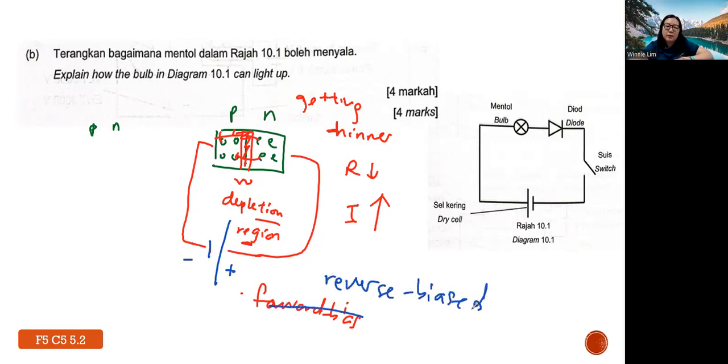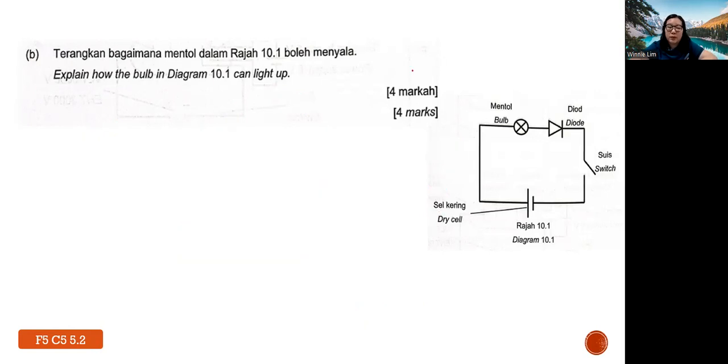The electrons will be dragged this way, because your positive terminal is now on the right-hand side, but the holes go the other way around. Then this region gets wider. When it becomes wider, the resistance becomes high. Then no current will flow. So the general function of a diode is to allow current to flow in one direction.